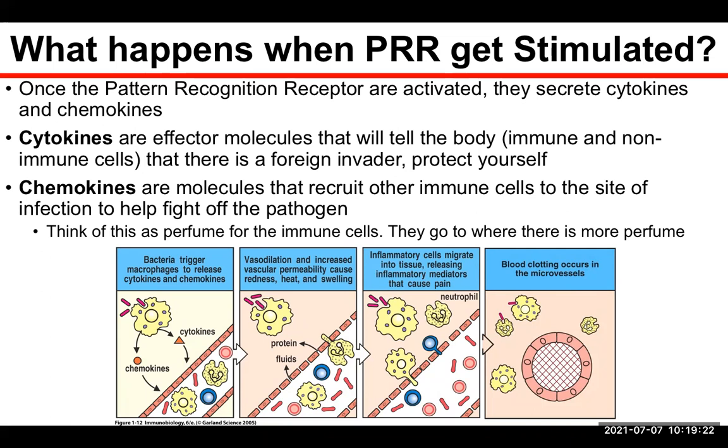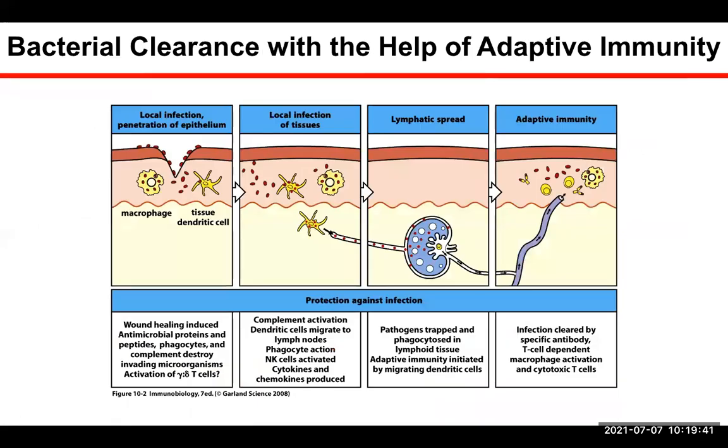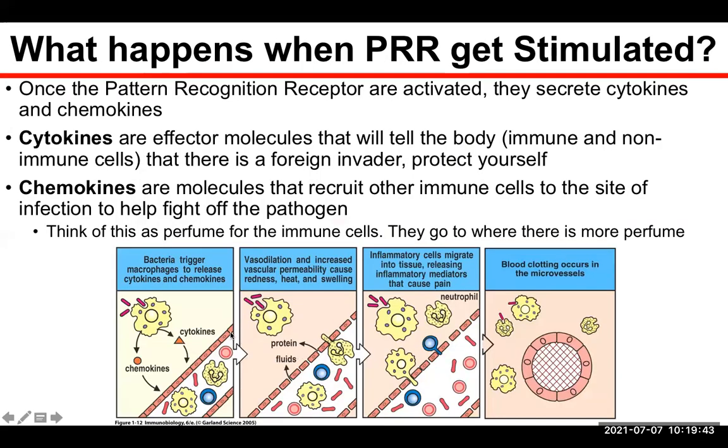If you think of when you have an infection on your skin and it starts to swell up red, it's because your innate immune cells, such as your macrophages, are producing these cytokines and chemokines to cause this vasodilation. The whole point of vasodilation is to help more immune cells get to the site of infection.